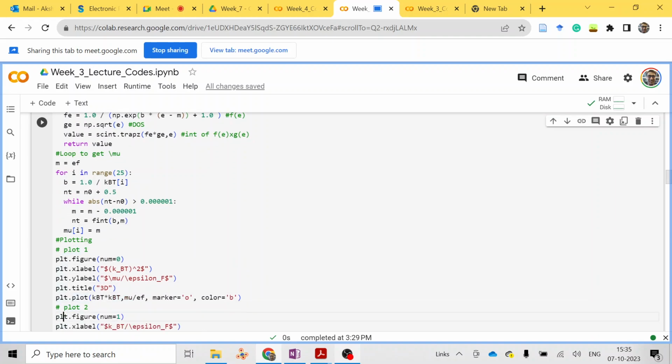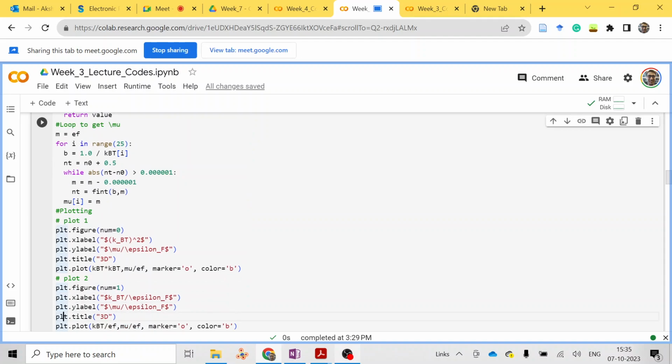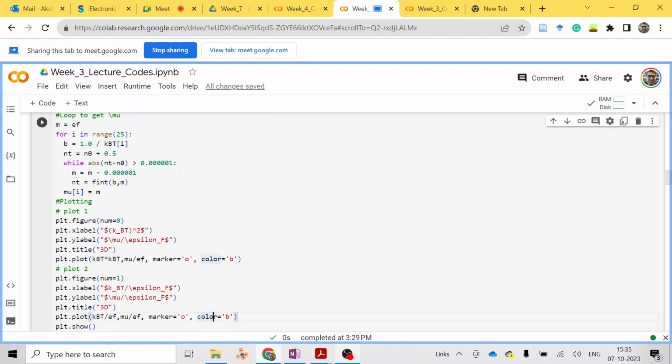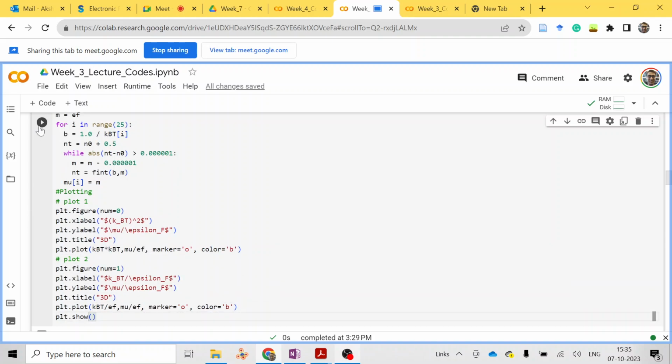Alright, and this is just the plot. There are two plots of mu versus epsilon F, one with respect to kBT squared, and then one with respect to kBT by EF. Okay, so let us see it.